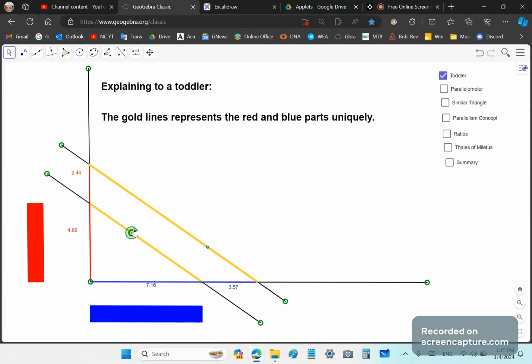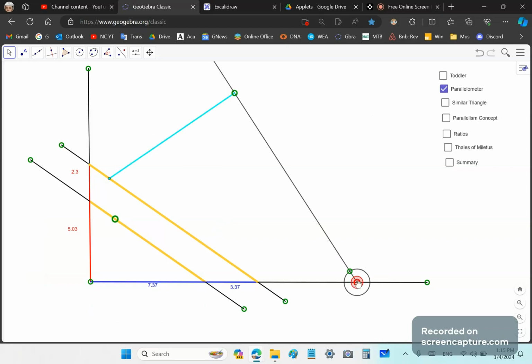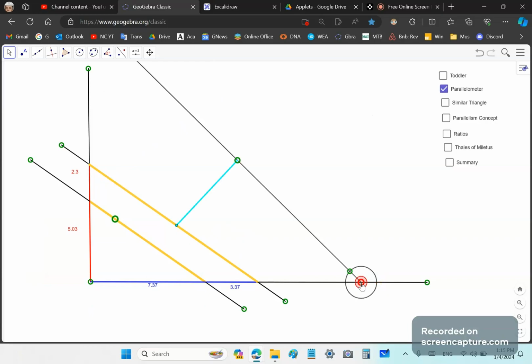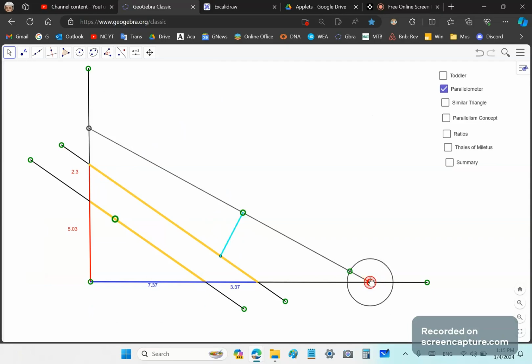So at this stage, a toddler wouldn't understand very much. So you might want to go to another way to teach the toddler, using what I call a parallelometer, which I showed previously. If the lines here and here are the same distance, then it's parallel.